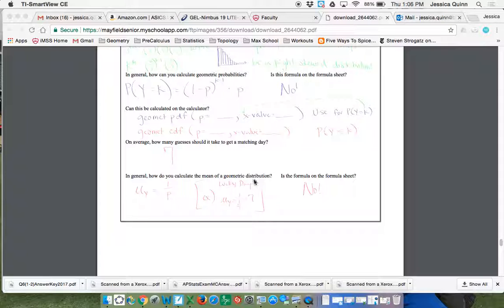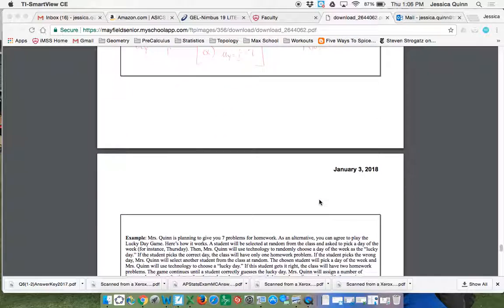And so for that Lucky Day example, the average number of guesses it would take would be 1 over 1/7, which is 7. And this also is not on the formula sheet because this is another thing that is supposed to be somewhat intuitive. So just keep that in mind.